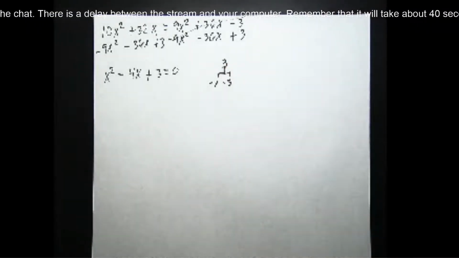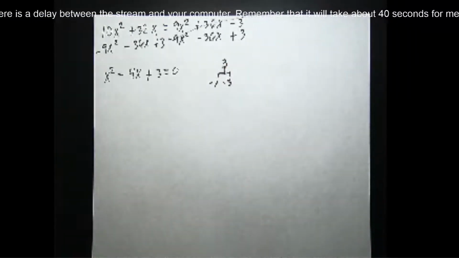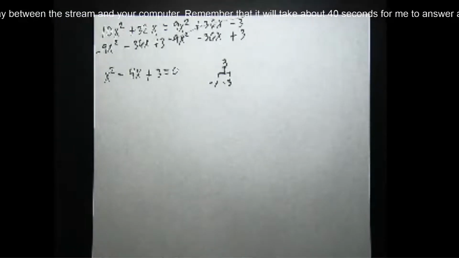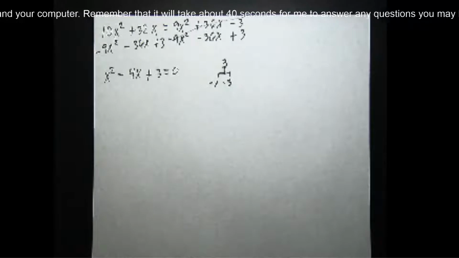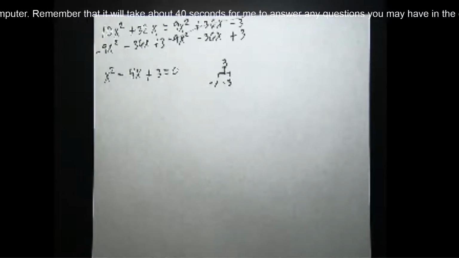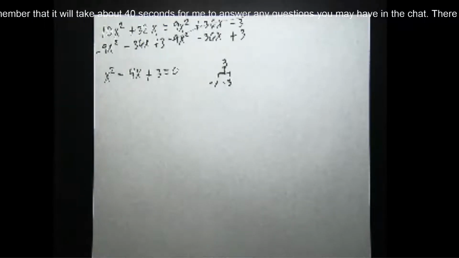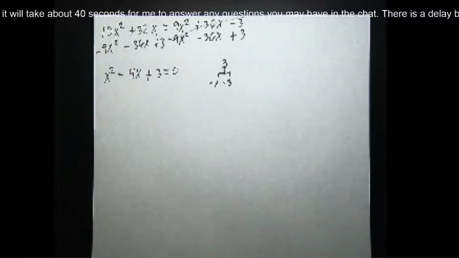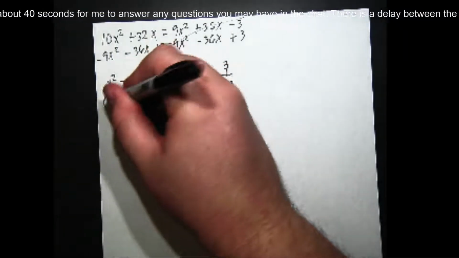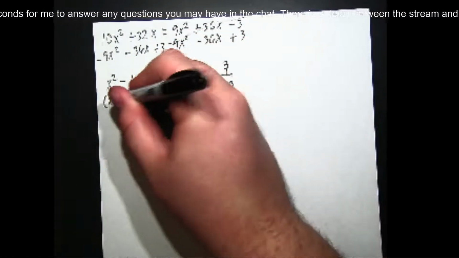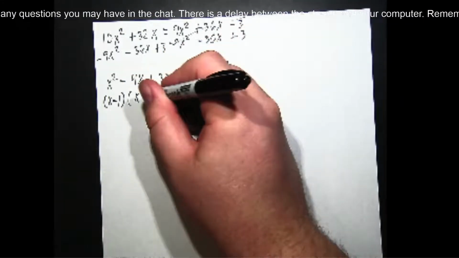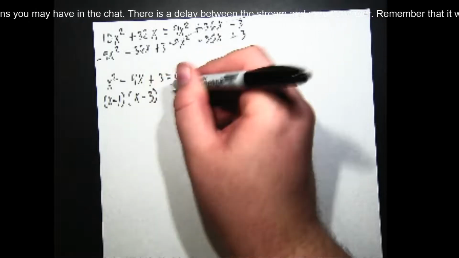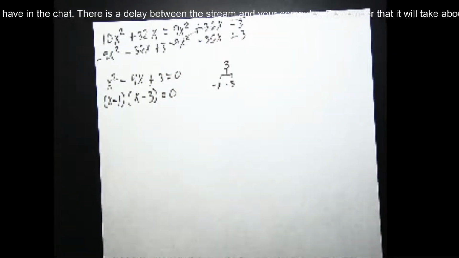Well, negative 1 and negative 3 will give us negative 4. And of course, because our leading coefficient is positive 1, we can use our shortcut and say that our factors are x minus 1 and x minus 3. And that still equals 0.